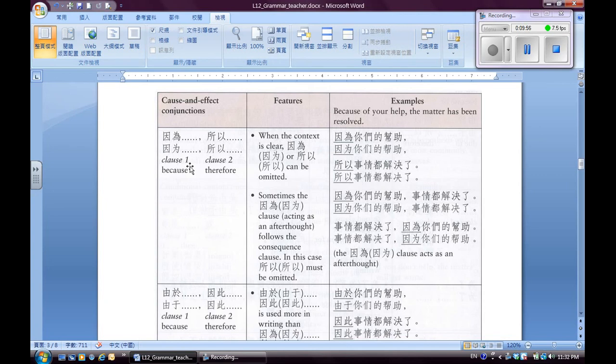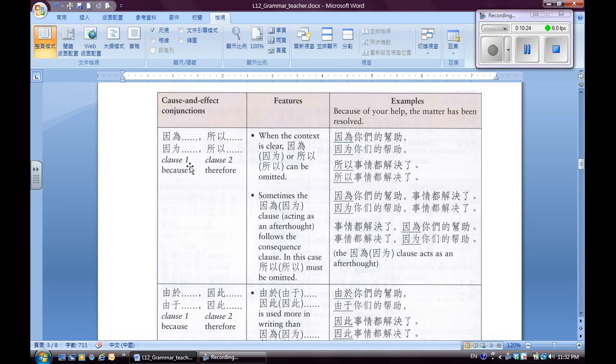If you look at the feature column, it says sometimes the 因为 clause, acting as an afterthought, follows the consequence clause. In this case, 所以 must be omitted. So if you look at the third example there, 事情都解决了, the matter has been resolved. 因为你们的帮助 is because of your help.